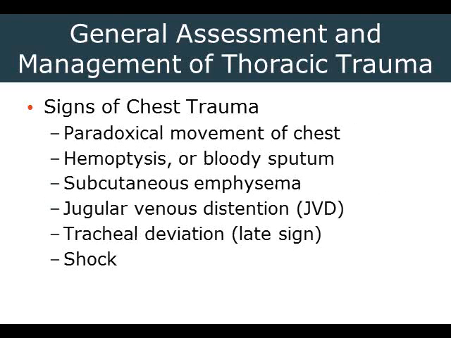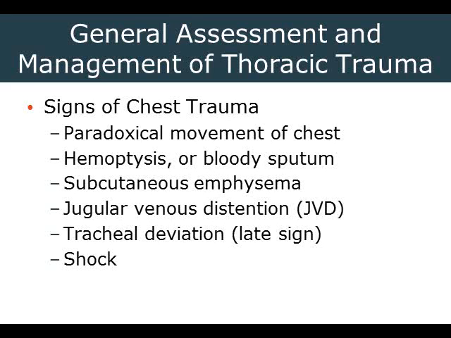This is when part of the chest wall moves in opposition to what it normally should. So we know that most people who are breathing, when they inhale, their chest goes up and out. When they exhale, it goes in and down. With the patient with paradoxical movement, that section of ribs, the flail segment, as we refer to it, actually moves in the opposite direction.